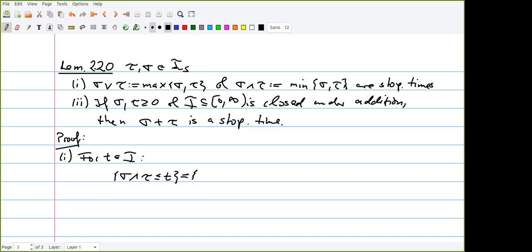The minimum is less than or equal to t if and only if sigma is less than or equal to t or tau is less than or equal to t. So this means this is a stopping time.